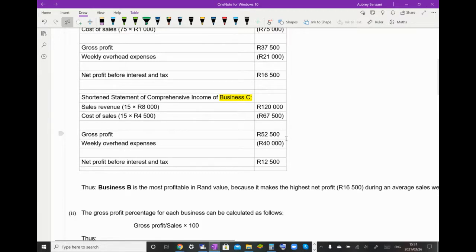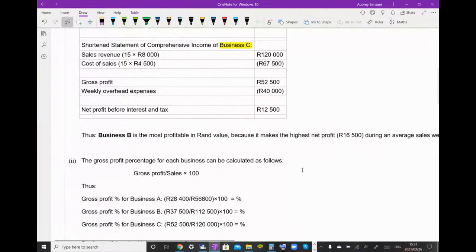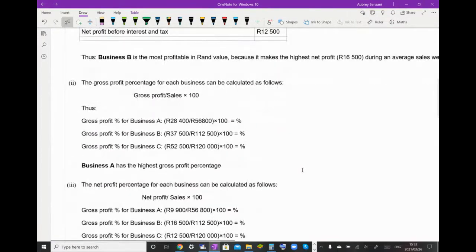Okay, then what is the net or gross profit? It's right there. And we have our net profit. Business B has got the highest net profit, rand value. Okay, then we can obviously go on to calculate the gross profit percentage for each of the businesses.